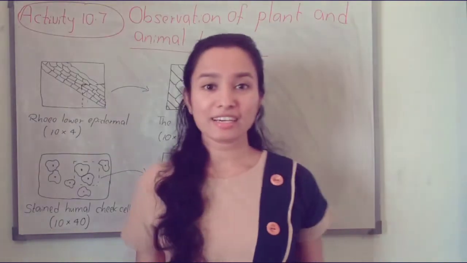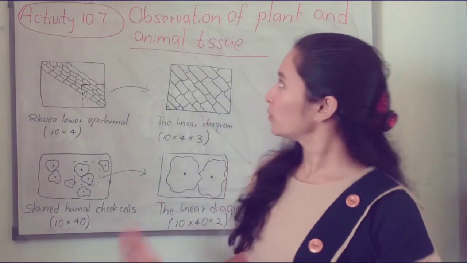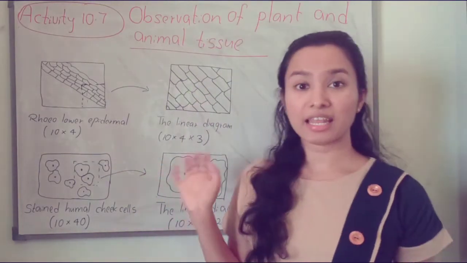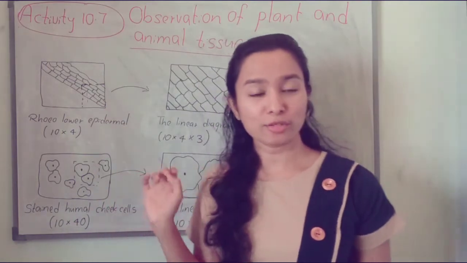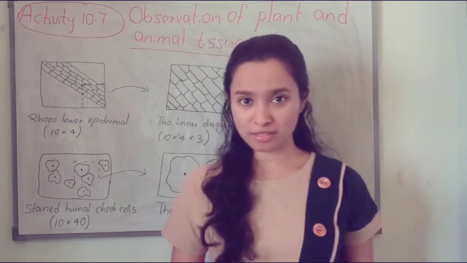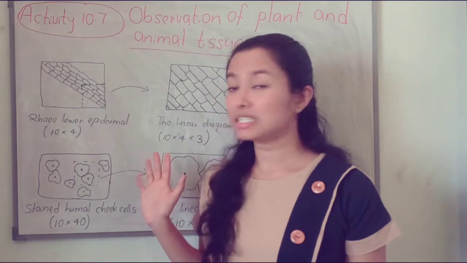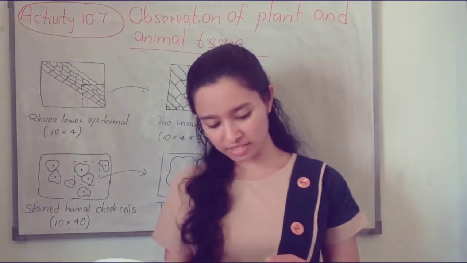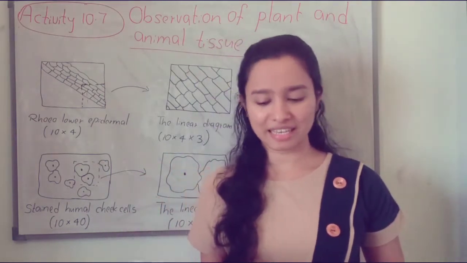Here we are going to observe plant and animal tissues by using a light microscope. Activity 10.7, page number 146.